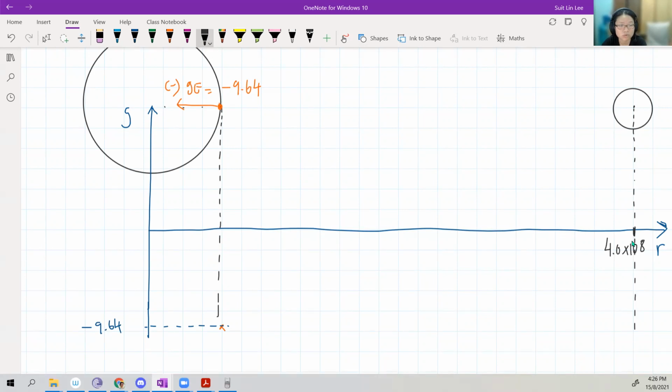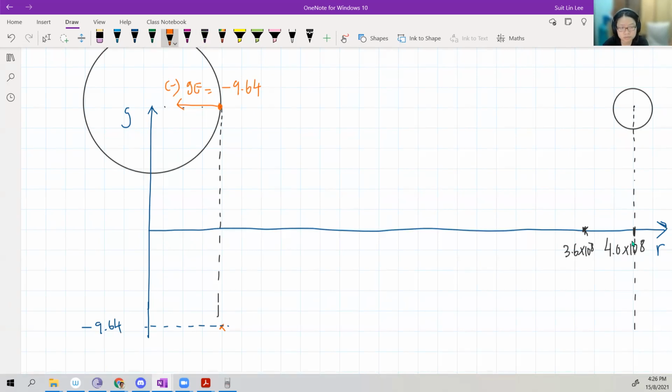Okay, hang on. 1, 2, 3, 4, 5, 6, 7, 8, 9, 10, 11, 12, 13, 14, 22, 24, 25. So 90% is 2.5. So maybe somewhere here, ish. 2.5 boxes on the other side. So this would be 3.6 times 10 to the power of 8.